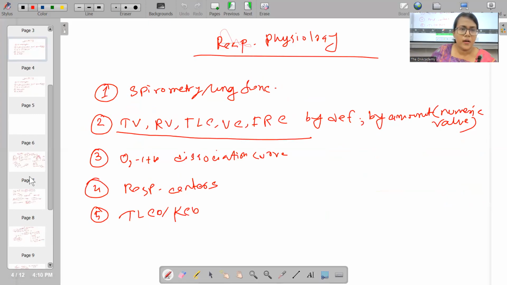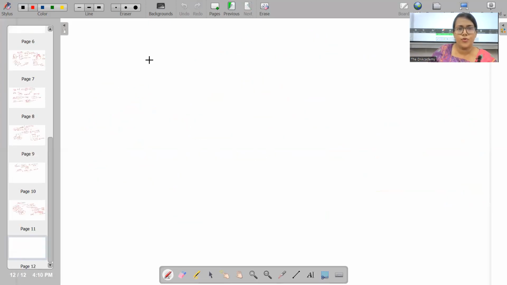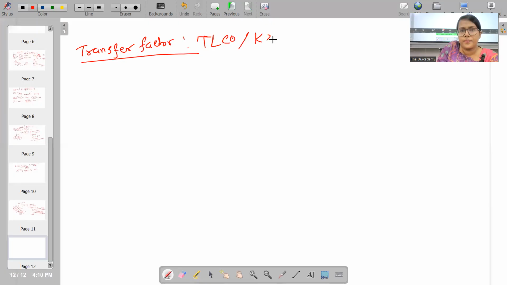All right, now the final topic from the respiratory physiology is the transfer factor, TLCO or KCO. This particular topic, I would advise you to give it a read from Sudha Medicine if you haven't already.